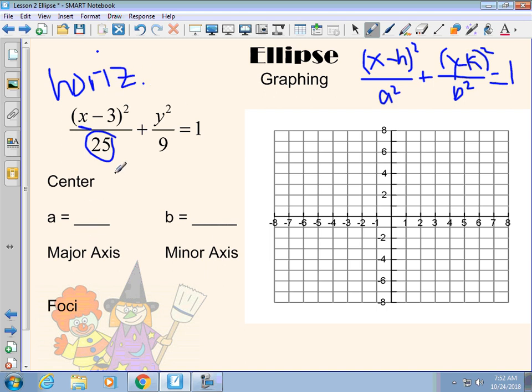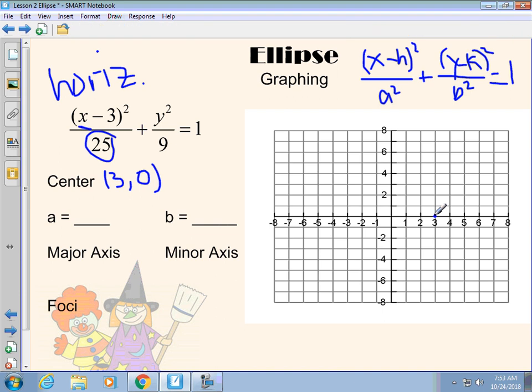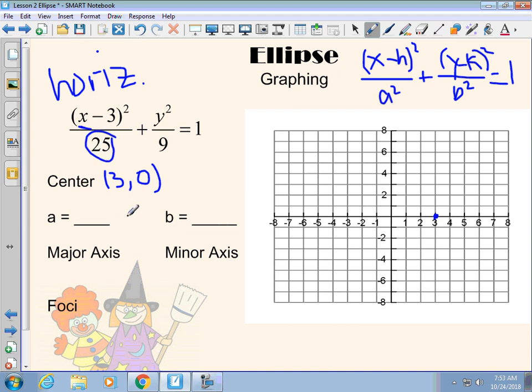Okay, so my center point is going to be 3 because that's the number next to the X. There's no number next to my Y, so it's 0. Okay, and I'm going to plot that at 3, 0. Okay, my A value is going to be the square root because this is A squared, 25 is, so I'm going to take the square root of 25 to get 5 for my A value.